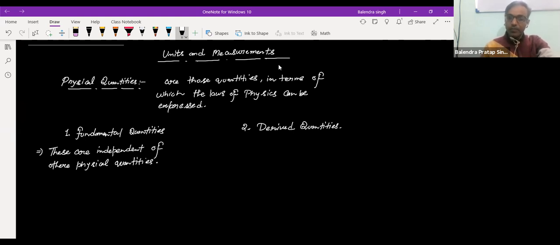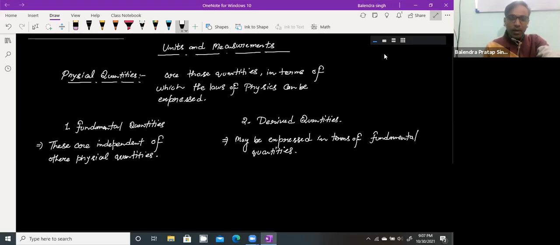And derived quantities may be expressed in terms of fundamental quantities.